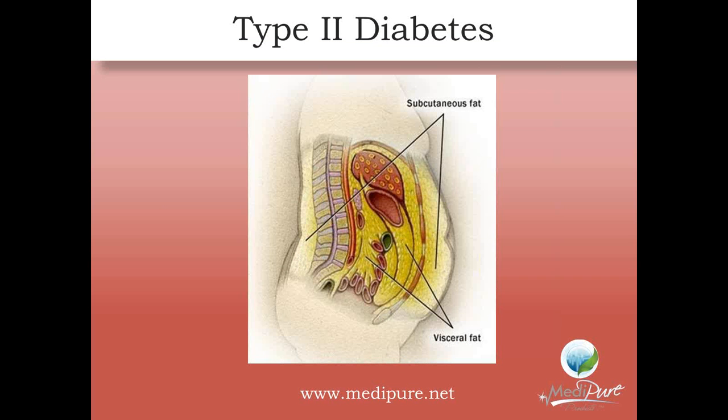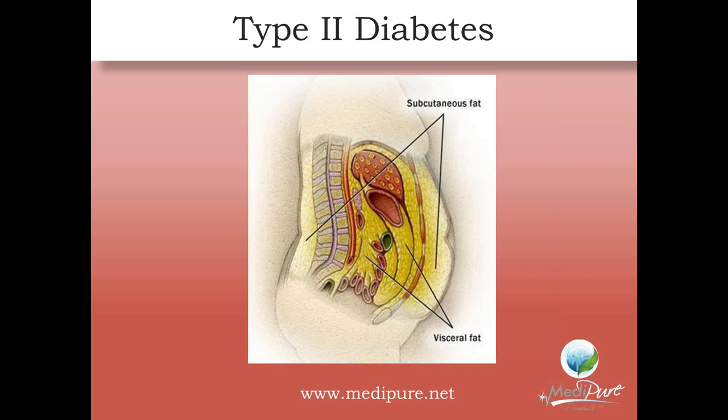One of the biggest issues that leads to type 2 diabetes, or one of the root causes, is the excess amount of fat around the organs. That's known as visceral fat. When there's an excess amount of visceral fat, it ends up damaging the organs, specifically the pancreas as well as the liver, causing extensive trauma and tissue damage.